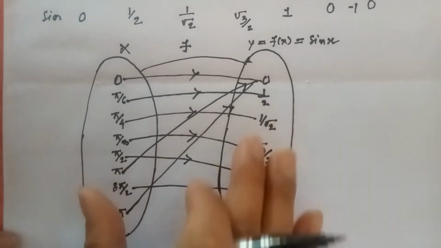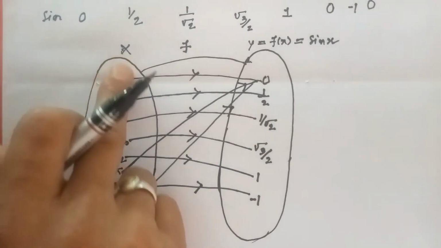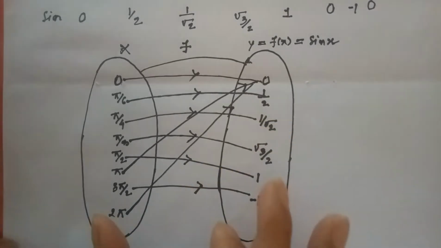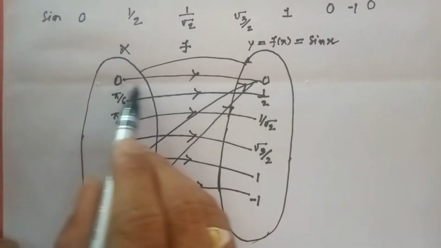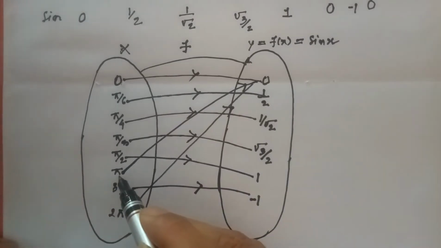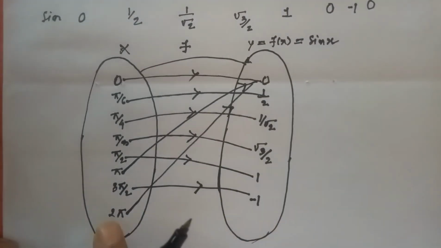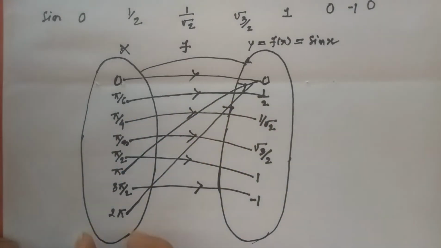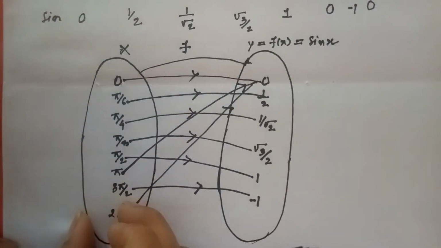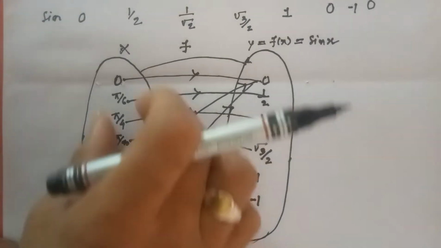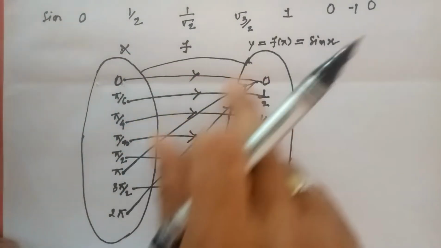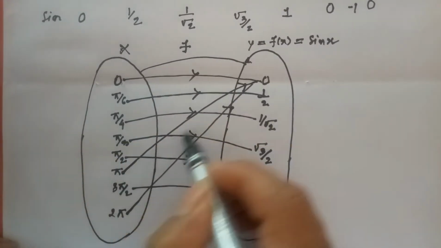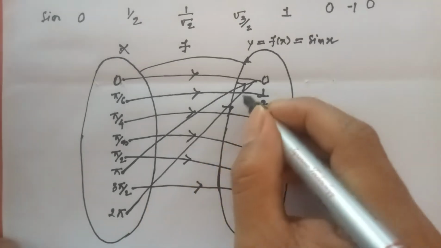So you see, this is the mapping of domain to range. I am taking only some values of the real numbers, but there are lots of values which go to many one. So 0 relates to this, pi relates to this, 2 pi relates to this.